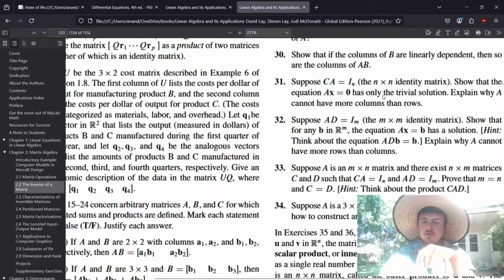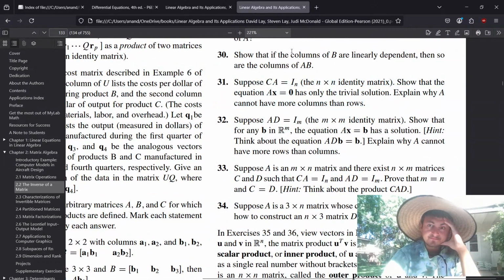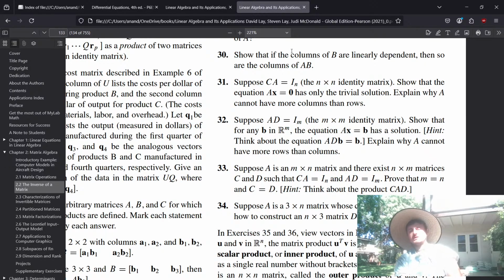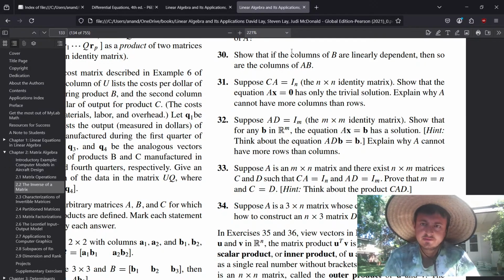All right, so 31 is this. Suppose C times A is the identity matrix. Show that the equation AX equals 0 only has the trivial solution.